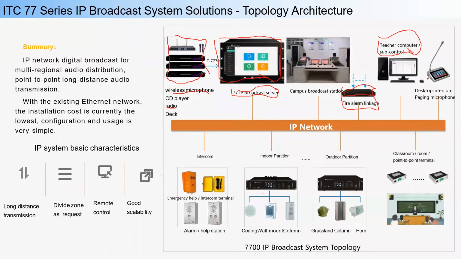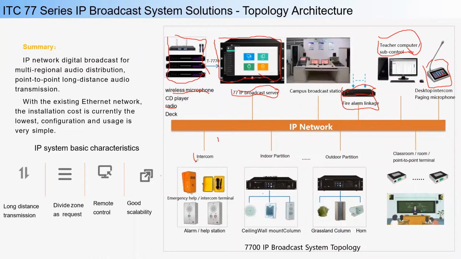And for the paging part, we have this desktop paging microphone with a touch screen, which is very convenient to use. In the IP system, every terminal has its own call code. You can create the call code for every terminal, like 123 or 444, anything else. So you can use this paging microphone, just press the buttons and page to any of the zones you have.